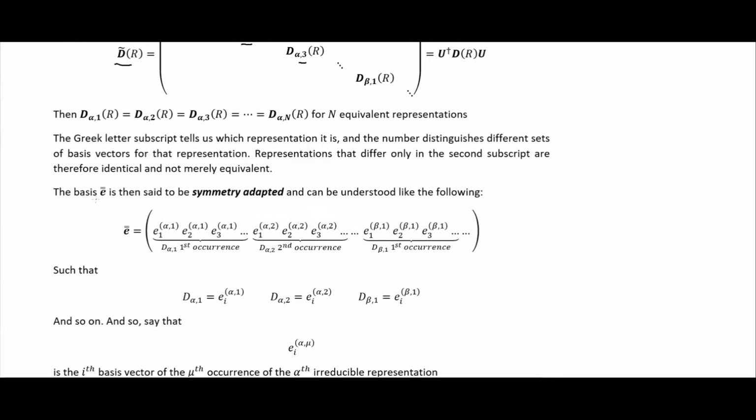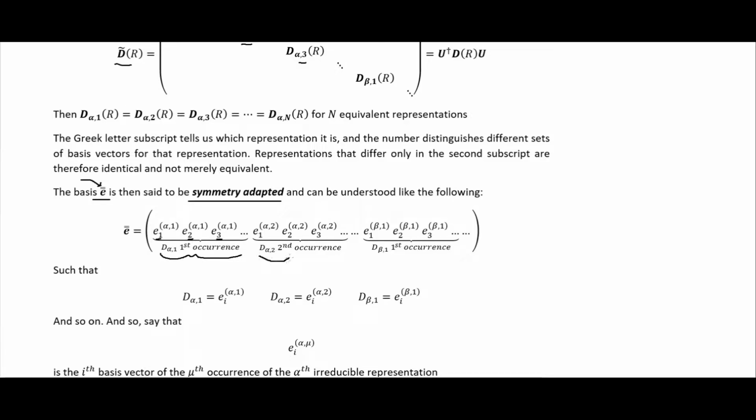We have this basis, which I write as E with two bars over top of it. Other places will use different ways to represent it, but this is said to be the symmetry adapted basis, and it can be understood in the following way. We have this basis for the first occurrence: the first basis vector, the second, the third, and so on.